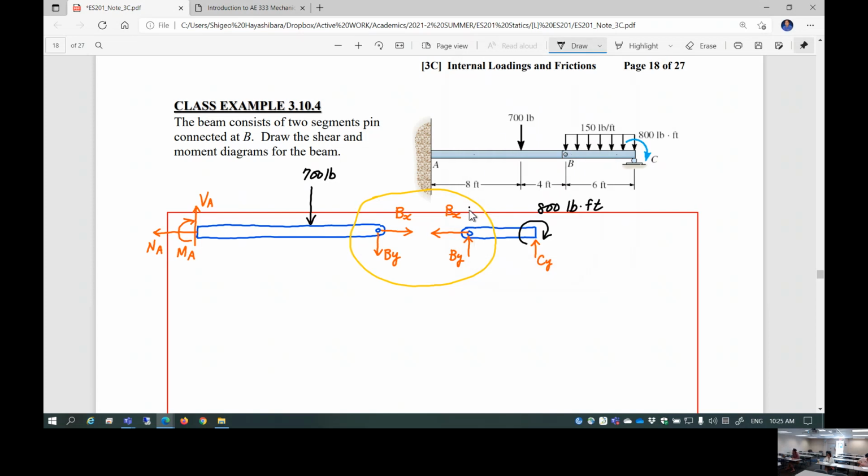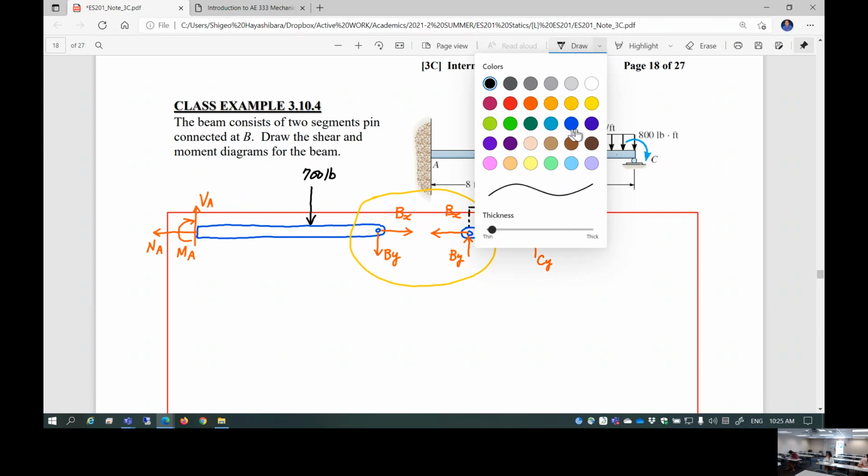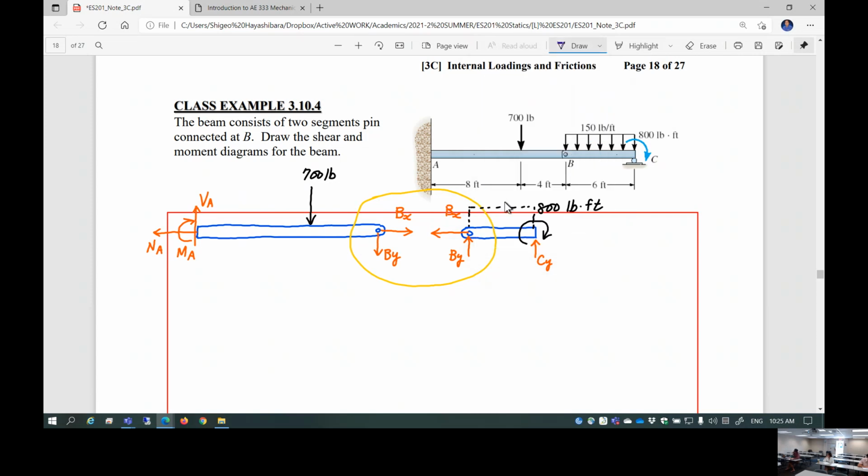You have a uniform distributed loading, 150 pounds per foot. It's just resolved into a resultant. This is the resultant of this uniform distributed loading, which is 150 pounds per foot over 6 feet. So this is 900 pounds. Resultant force.